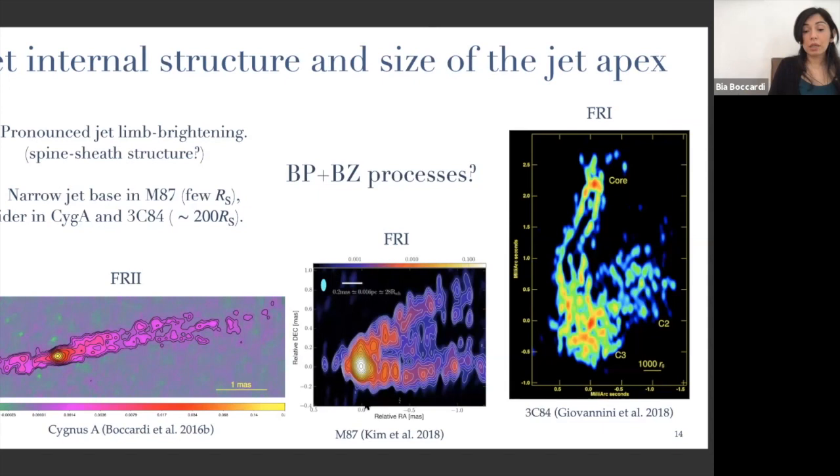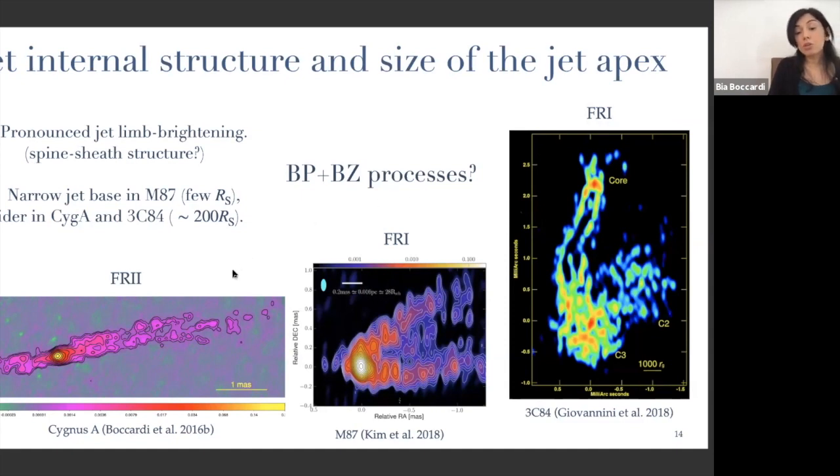Here I'm showing millimeter-VLBI observations of some nearby radio galaxies. Here you can see the FR2 radio galaxy Cygnus A, then there is M87, which is a low power FR1, and then there is 3C84, which is also an FR1, but atypical, not a classical FR1.